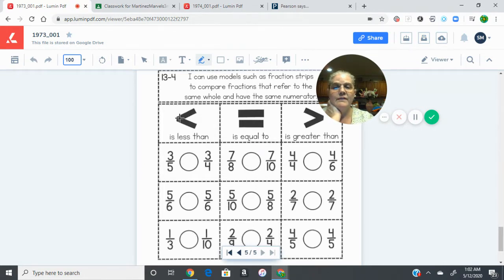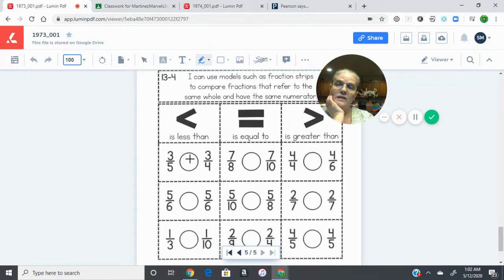So if it's in this category with less than, then all the little arrows are facing the same direction. If it's in the equals, all of them have an equal sign. And if it's greater than, then they all have that shape going for the greater than. All right, so 3/5 compared to 3/4.